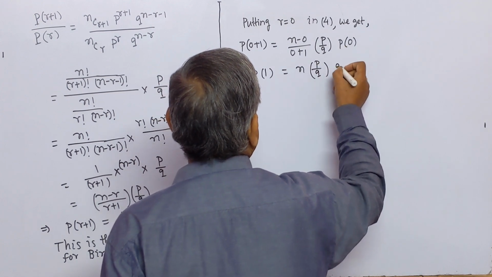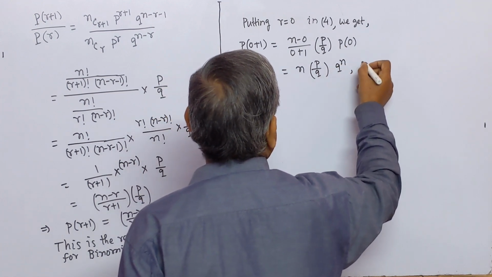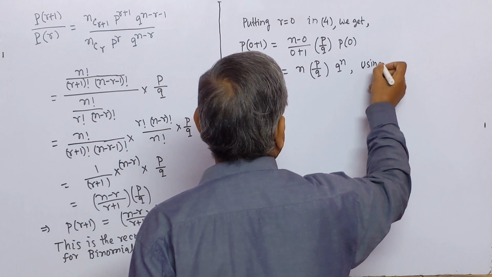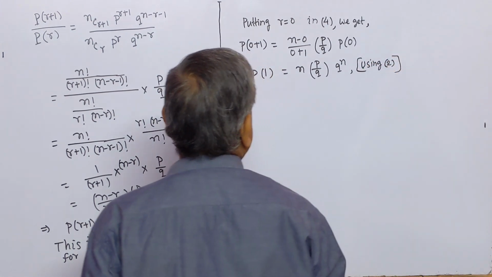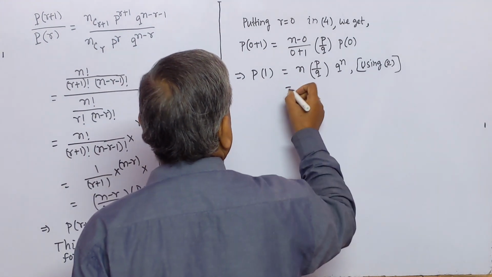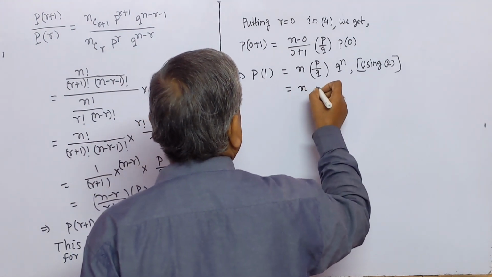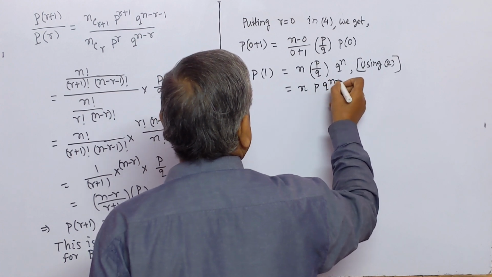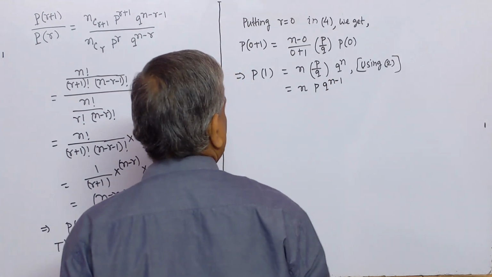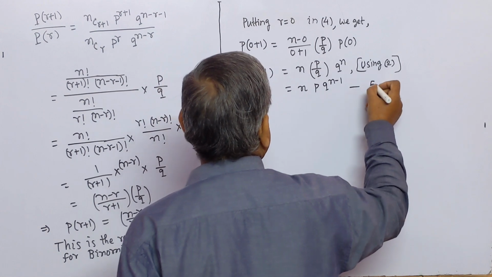P(0) is q to the power n using 2. And this will be equal to n p q to the power n minus 1. This is number 5.